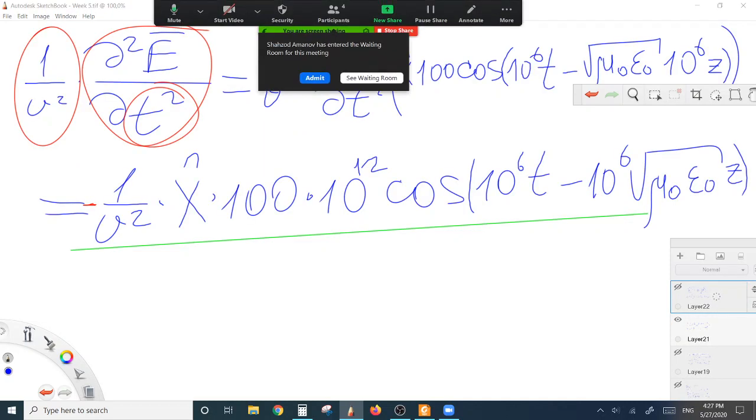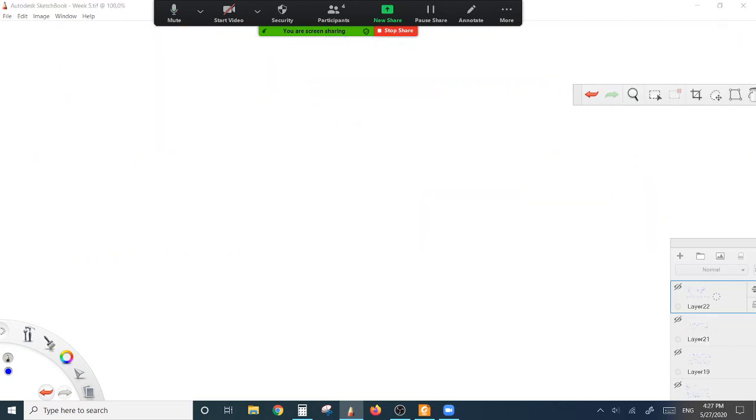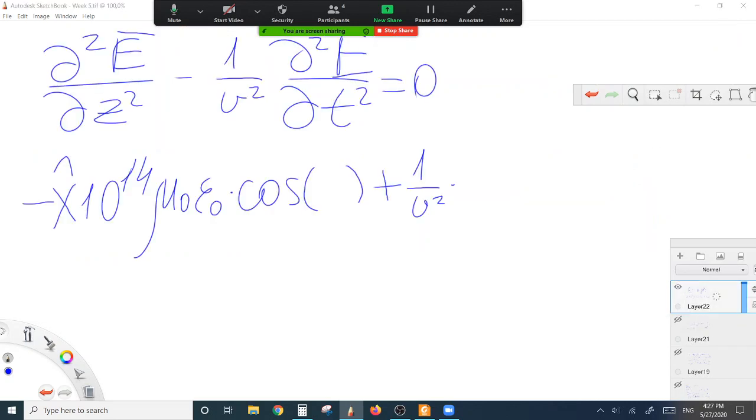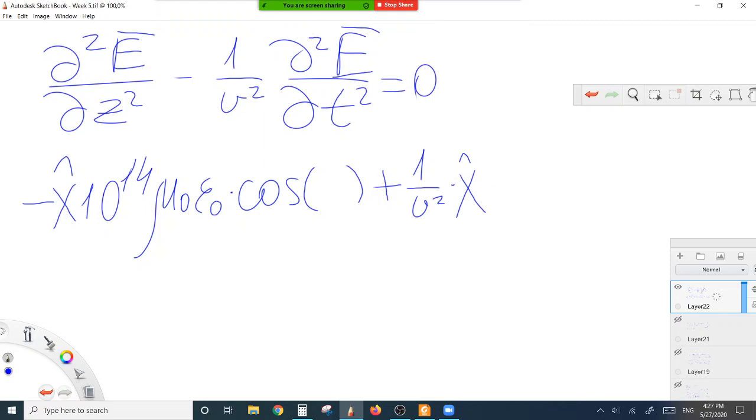x 10 to the 14 multiplied by cosine. Again, I'm not writing the argument because the argument is the same, equal to 0.